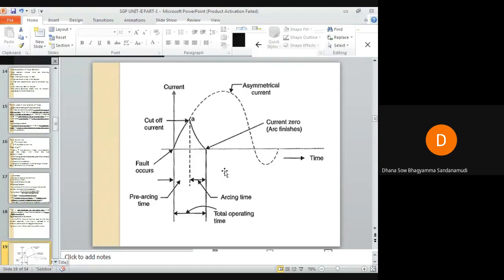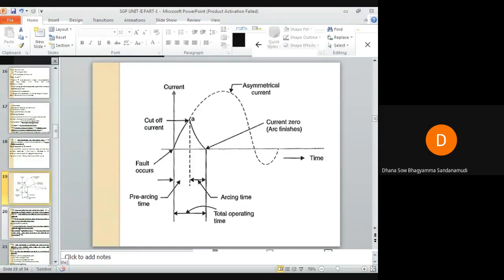So breaking capacity can be defined as the RMS value of the AC component of the maximum prospective current that a fuse can deal with at rated service voltage.